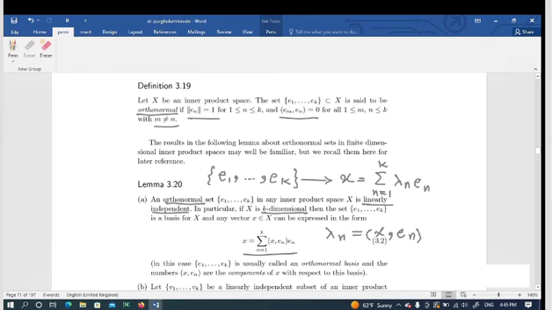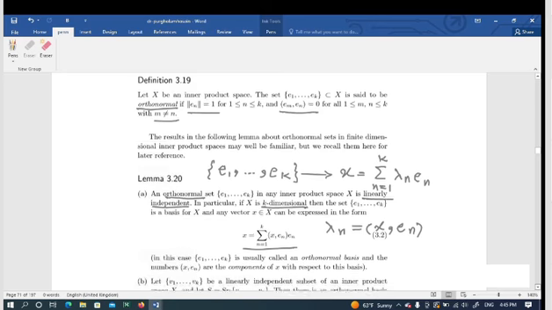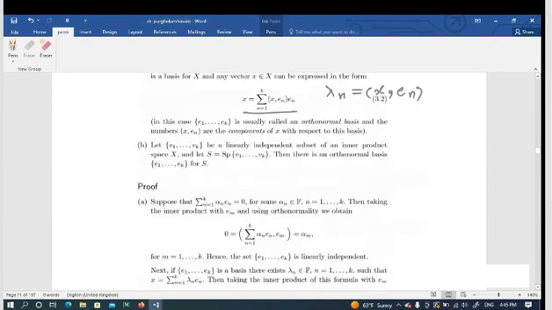So this is a very important lemma that shows the importance of orthonormal bases. Here, as you see, in this case, E1 to Ek is usually called an orthonormal basis, and these numbers are called components of X with respect to this basis.